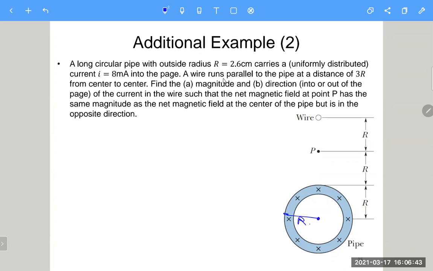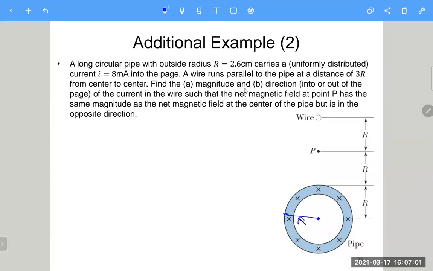A wire runs parallel to the pipe at a distance of 3R, so from this point to the wire we have 1R, 2R, 3R, which is 3R from center to center.